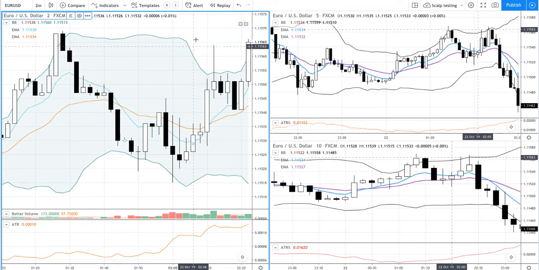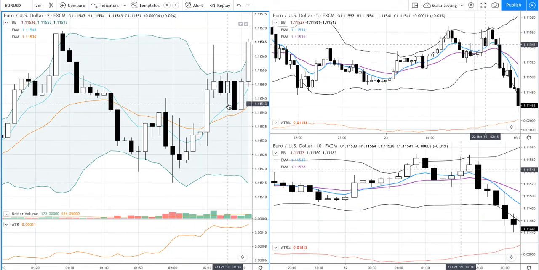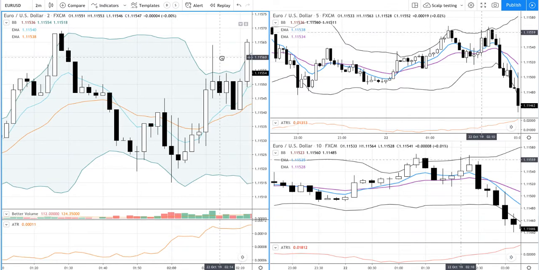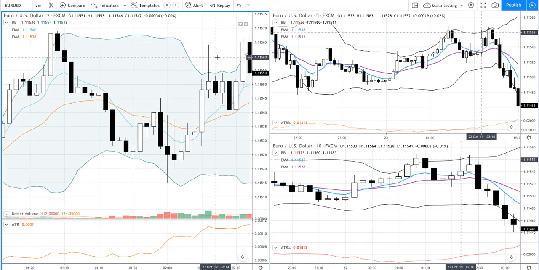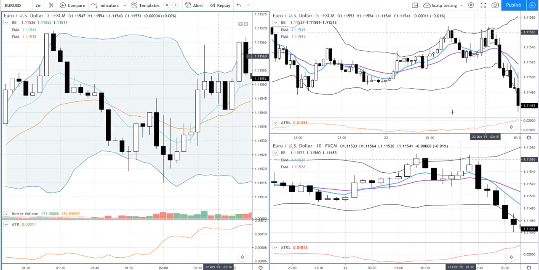So we have a loss of 2.5 pips on a 3 pip R value, so that loss is only a 0.83 R loss. So it's slightly less than 1 R loss. So that's important to notice, that juices our expectancy over time, because we have some losses that are smaller than 1 R.